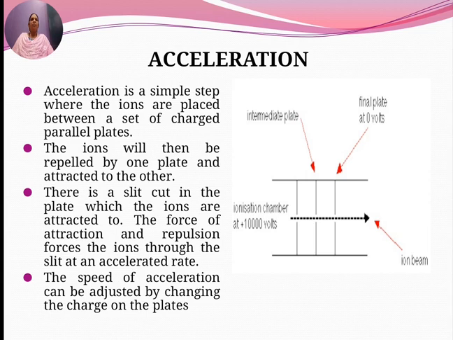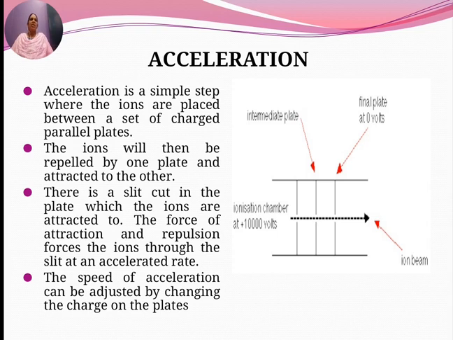When the ions pass through the charged parallel plates, they are repelled by one plate and attracted to the other. There is a slit cut in the plate which the ions are attracted to. The force of attraction and repulsion forces the ions through the slit at an accelerated rate.